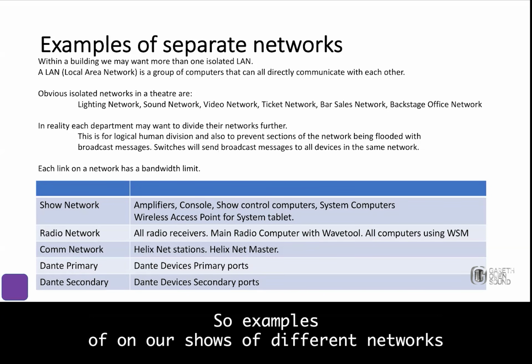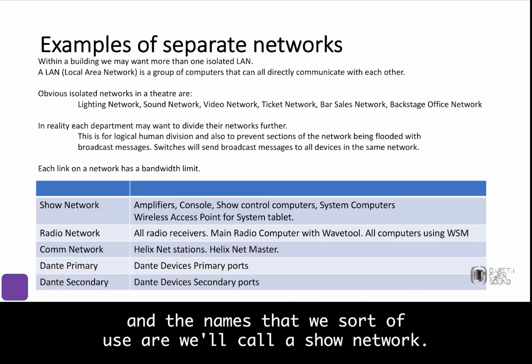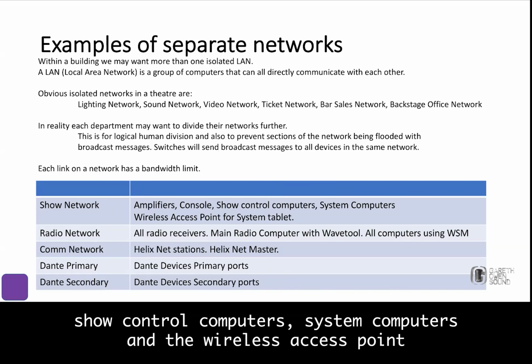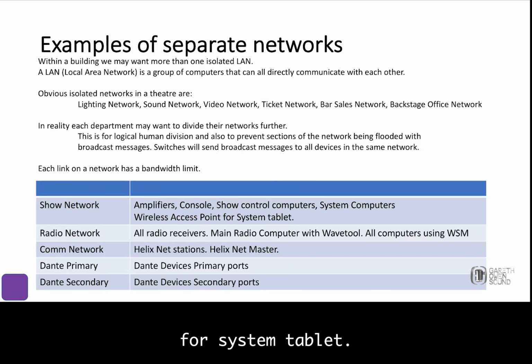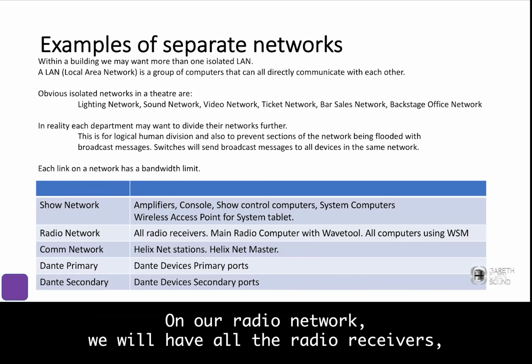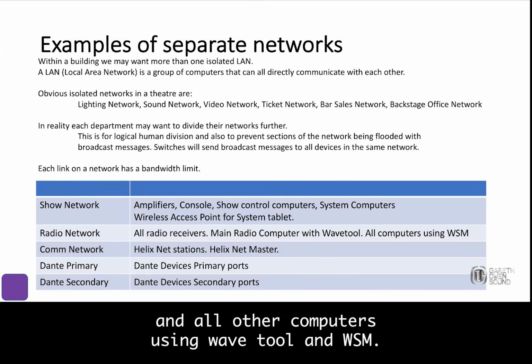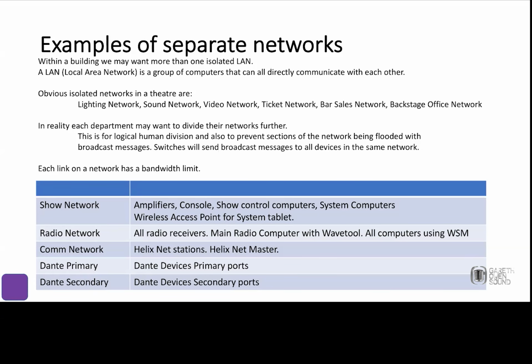Here are examples of the different networks on our shows and the names we use. We'll call one the show network. On that network, we will have our amplifiers, console, show control computers, system computers, and the wireless access point for the system tablet. On our radio network, we will have all the radio receivers, the main radio computer with WaveTool, and all other computers using WaveTool and WSM.